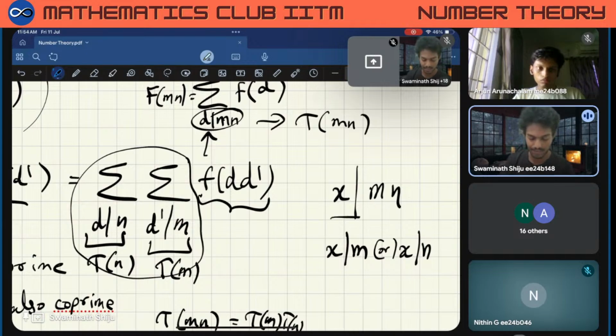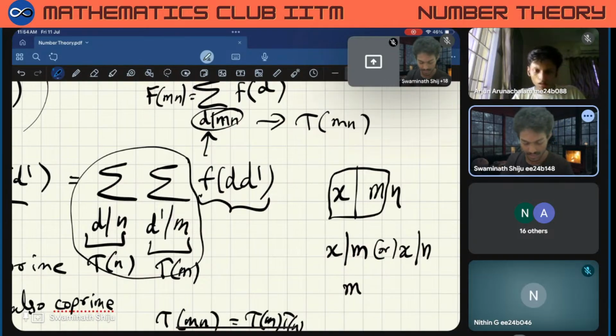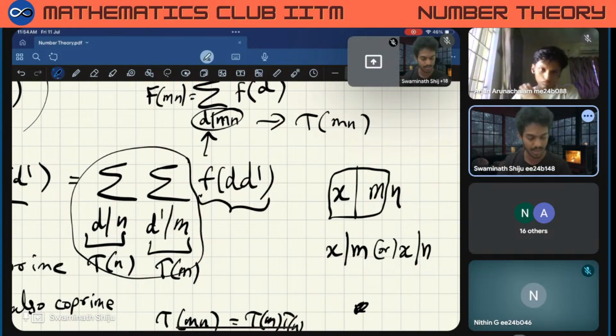If x completely divides m, then it would be here, and that would be a factor here, and then you can multiply it with anything that divides n. That would be a factor of mn.